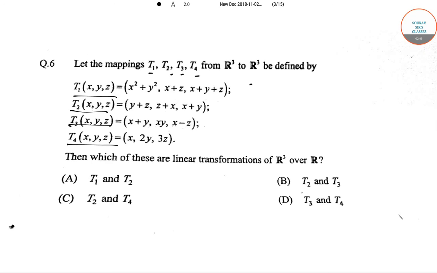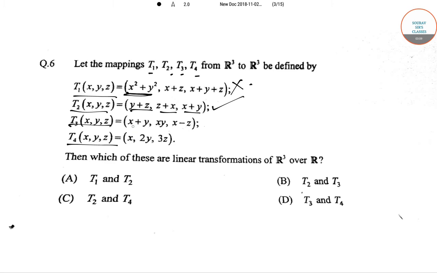Now let us check it by a very simple logical reasoning. So we'll check the degrees of the equations. Now here, T1 has degree 2 because we have x squared plus y squared, so it cannot be linear. In T2, we have y plus z, z plus x and x plus y, which all have a degree of 1, so it is linear.